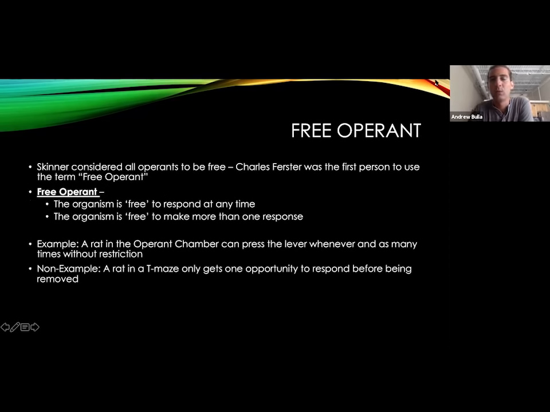Now, I want to cover these two concepts of free operant and discrete trial, or restricted operant, and show you where they fall within the course of learning with your learner. With free operant responding, I want to get a little historical and nerdy here: Skinner really considered all behavior and all operants to be free.